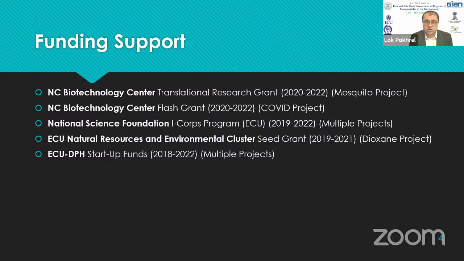We are yet to optimize the combination, but with some combinations, we were able to reach up to 92% removal efficacy. So this project was also successful. We are in the process of submitting a paper to a journal.